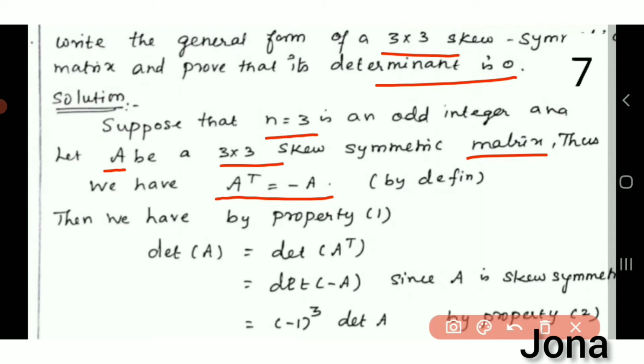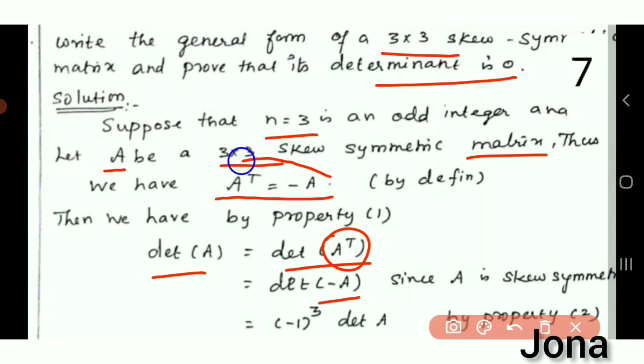We take the determinant on both sides. So determinant A equals determinant of A transpose. Here instead of A transpose we can take minus A, isn't it?